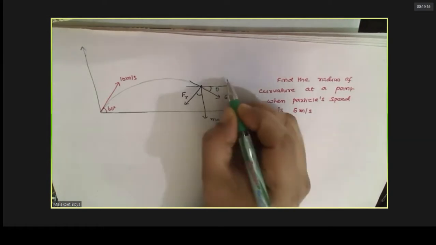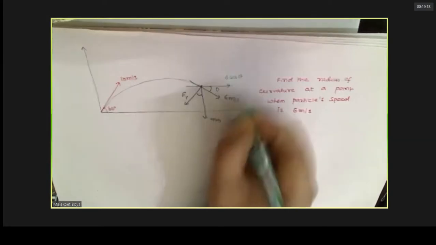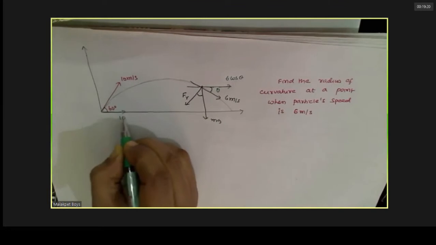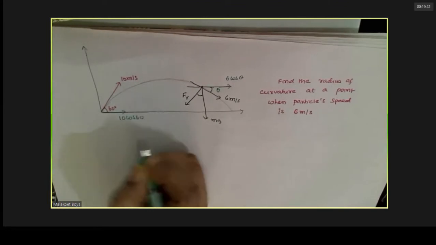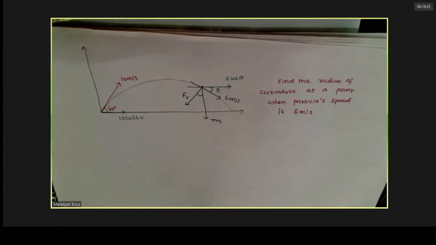6 cos theta must be equal to 10 cos 60. Remember this? In projectile motion, the horizontal speed remains constant.